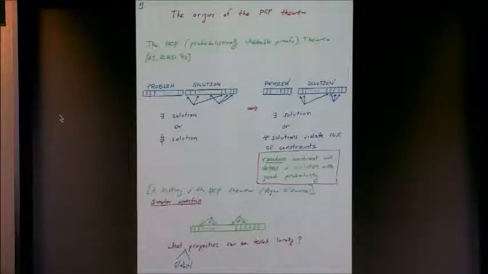Because if 10% of the constraints are violated in case the theorem is incorrect, then you can just pick a random constraint and check whether it's violated or not, and I can decide if the proof is correct or not, with a constant probability.